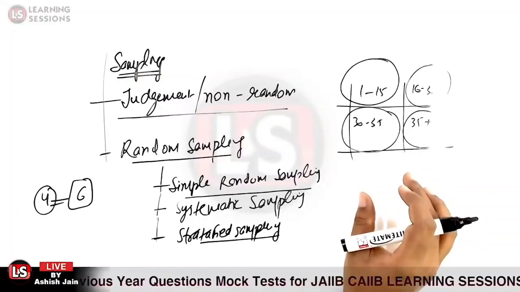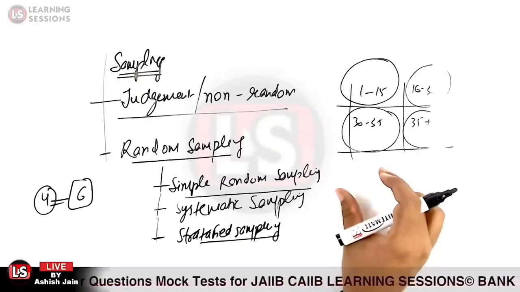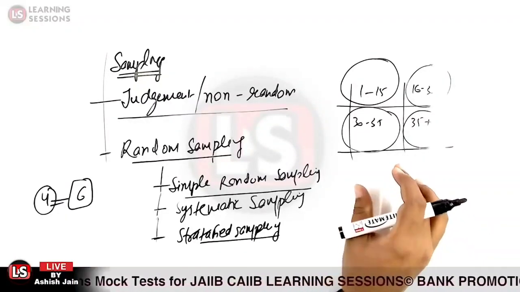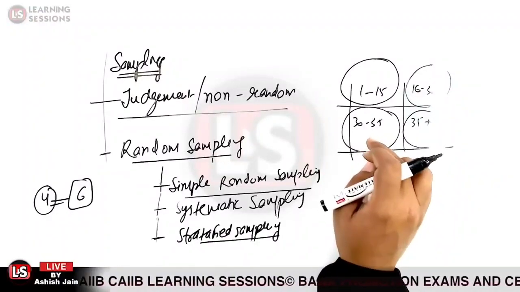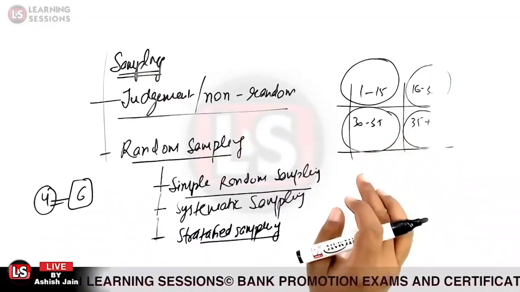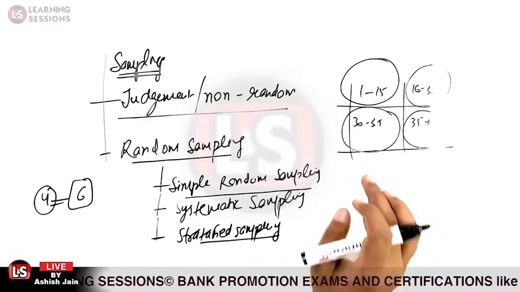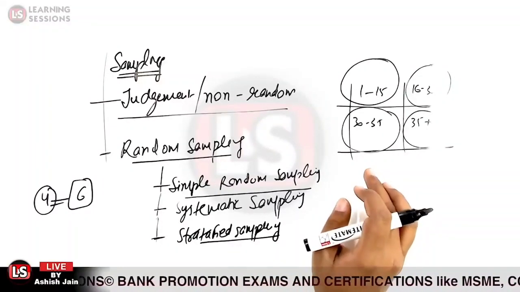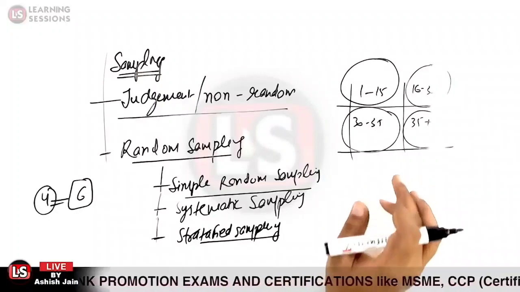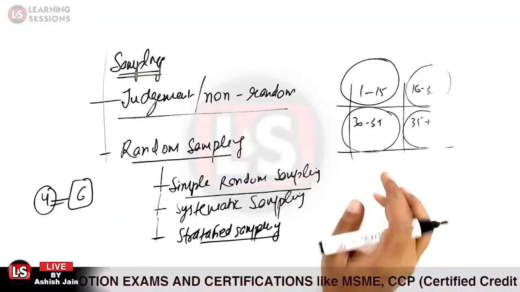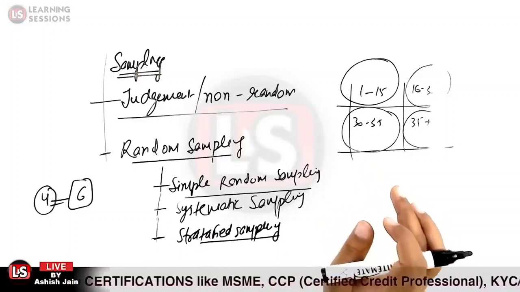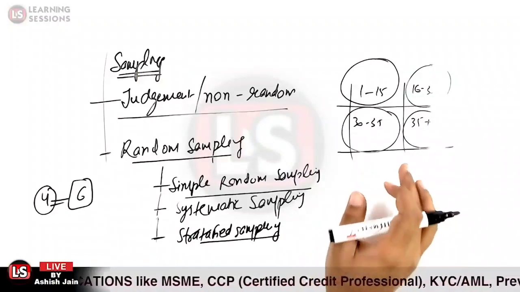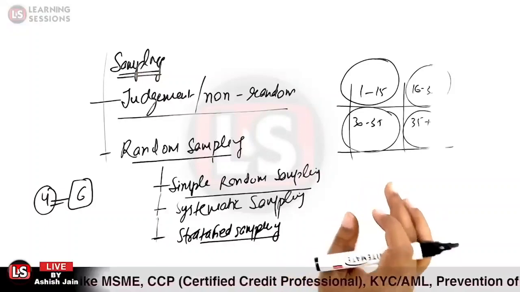Now if you look at these strata individually, the individual entities in a particular group are related to each other. They will have common characteristics, because we are considering different age groups. Their eating habits, wearing habits, fashion habits must all be very relatable to each other.